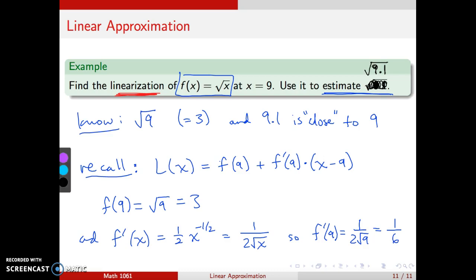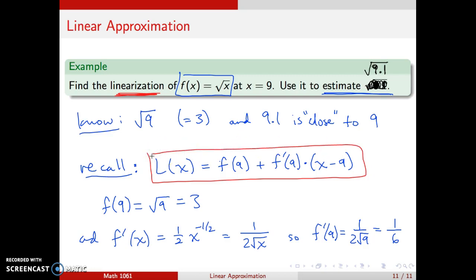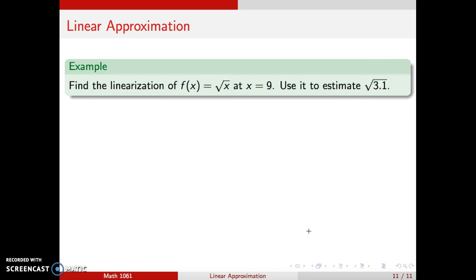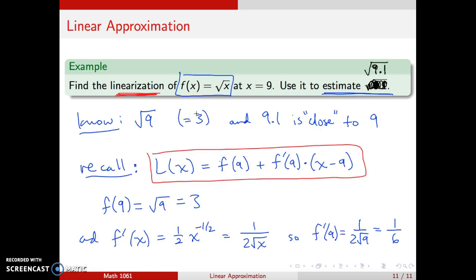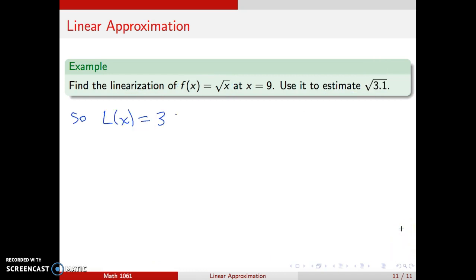So we've got everything we need for the linearization. L of x is f of 9, which was 3, plus f prime of 9, which was 1/6, times x minus 9.